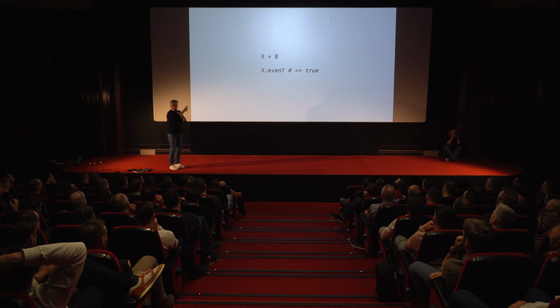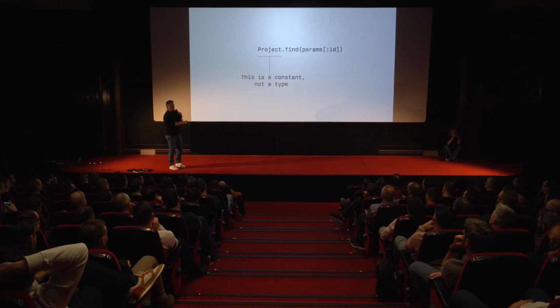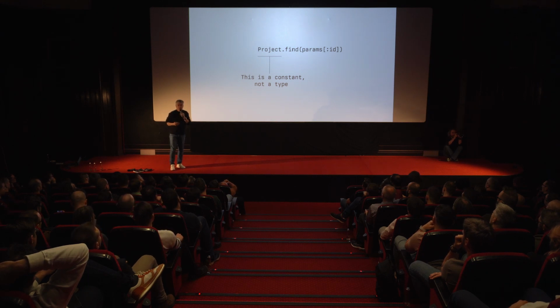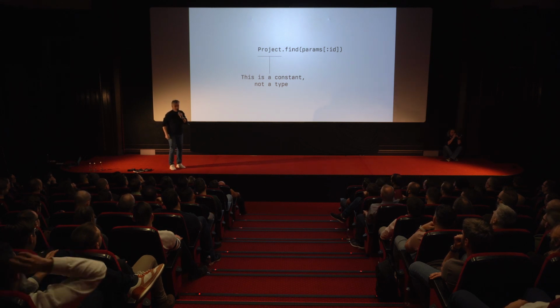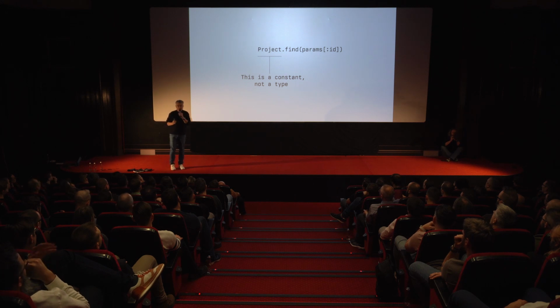This is X storing a value, right? Here, project is a constant that is storing a value. Which value? A class object, and that class object responds to find. Okay? So this is very, very important. This is not a type. It's a regular constant.